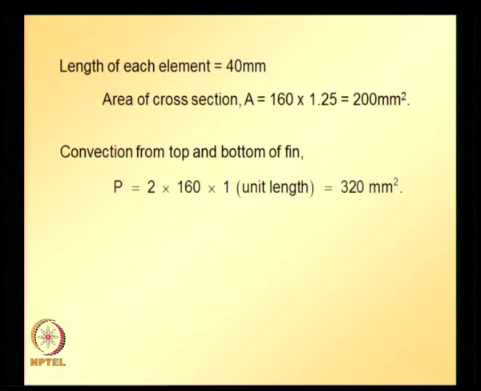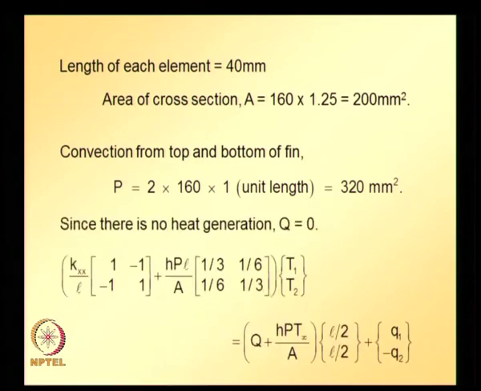Since convection at the ends is neglected, convection from top and bottom of the fin is going to depend on perimeter P, and here perimeter value per unit length is given or calculated, and here there is no heat generation. So, Q, capital Q is equal to 0.